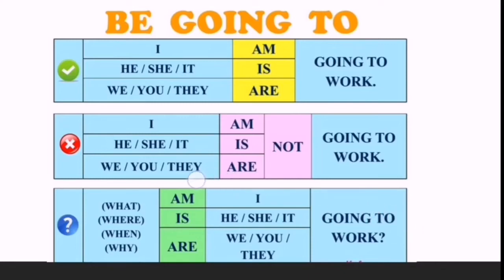For example, am I going to work? Is he going to work? And if we have the WH question, it is always going to be at the beginning. What is he going to do?